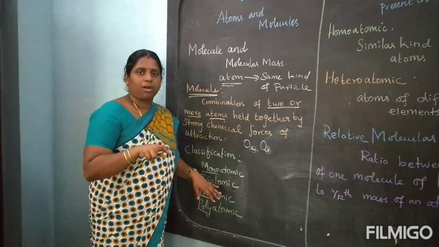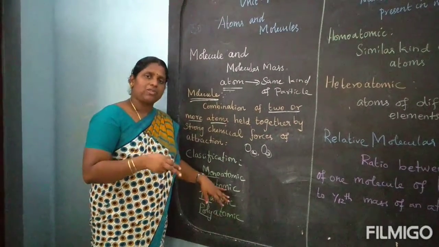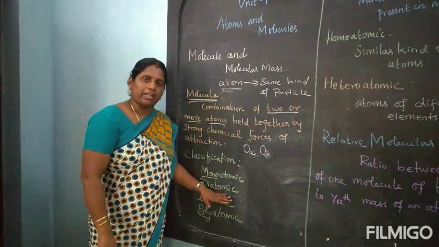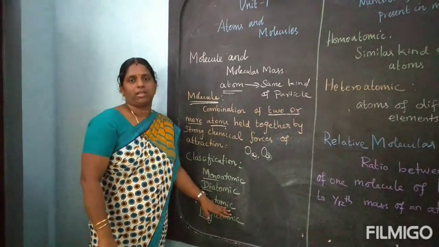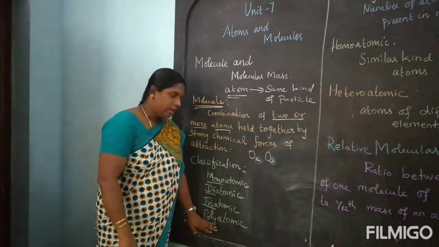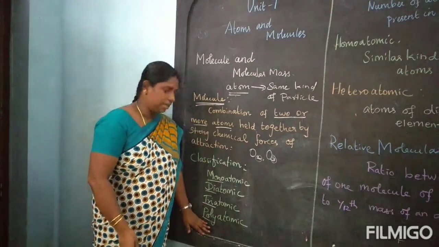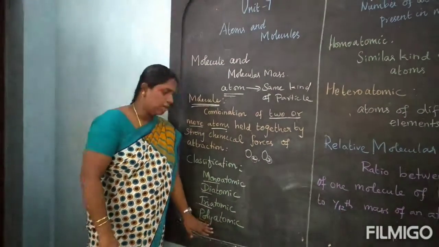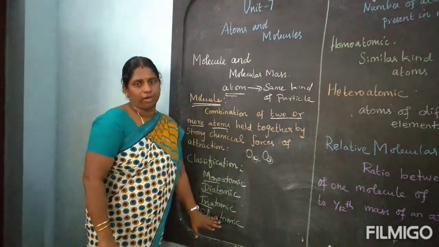If two atoms are present in an element or compound, we call it diatomic. If 3 atoms are present in an element or compound, we call it triatomic. More than 3 atoms present in an element or compound is called polyatomic. So these are all the types of molecules.